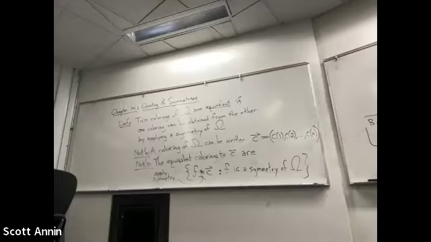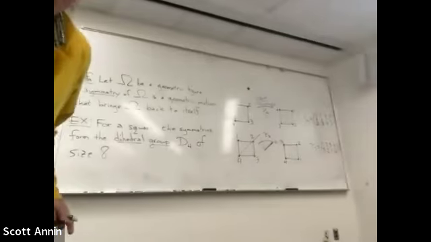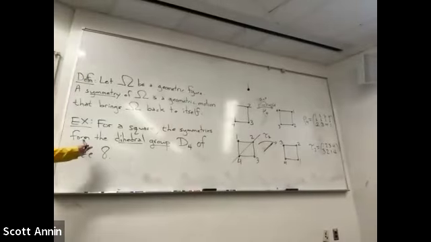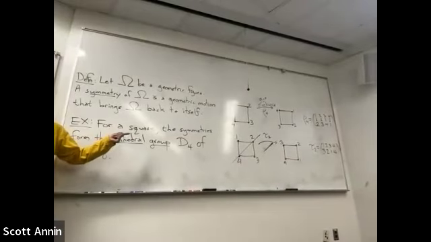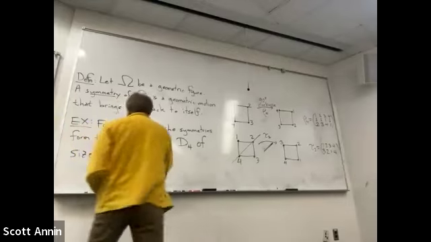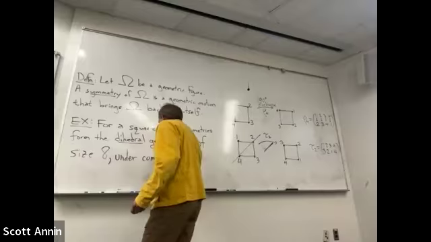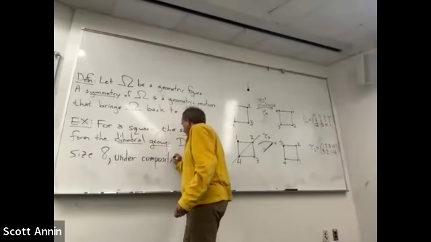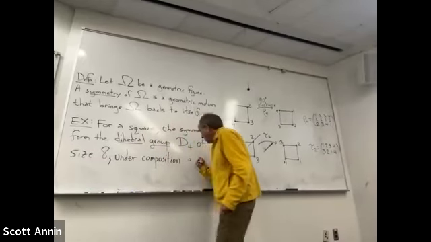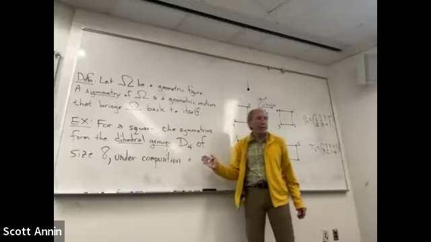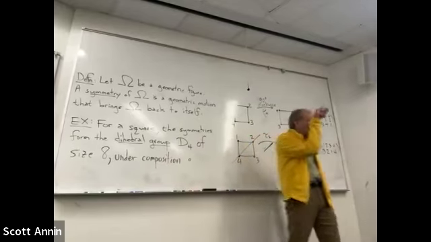When you make a group out of these symmetries over here, guys, the operation that you are using is composition. So over here, let's just say under composition. And the composition, as you probably remember from your calculus days, is usually this little open circle.